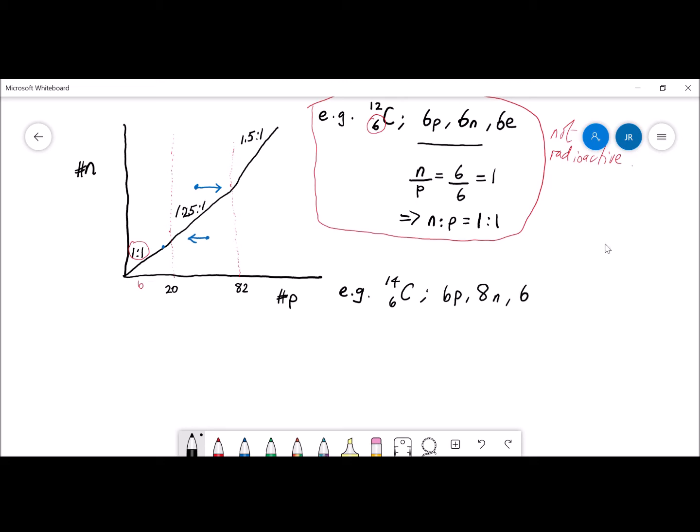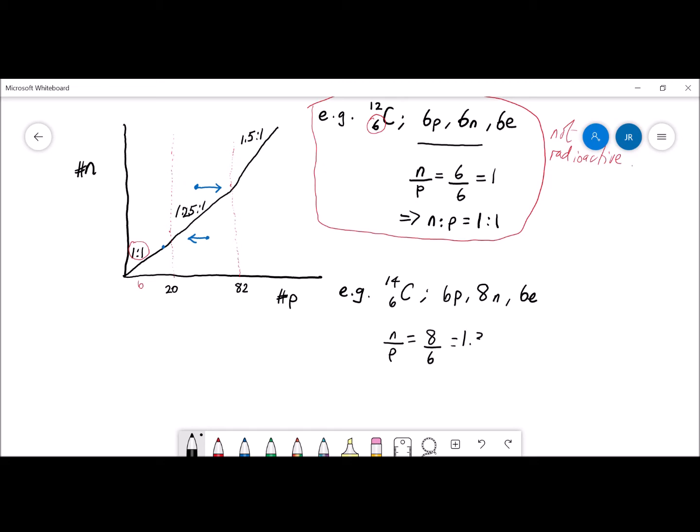I've got 6 electrons that I'll just add for completion. So if we look at the neutron to proton ratio here, it is now 8 over 6, which is going to give me, let's get a decimal version of that, 8 divided by 6, 1.3 recurring.